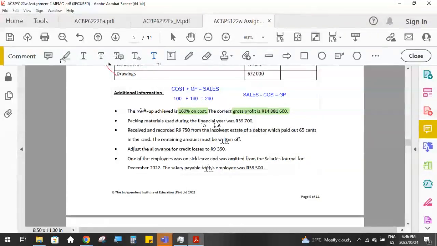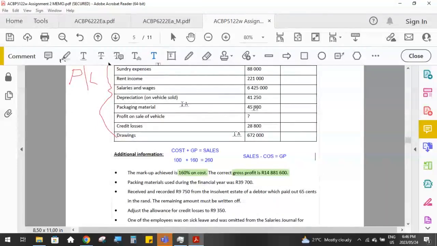Packing materials used during the financial year was 39,700. So that means the actual cost of the packing materials that we consumed was 39,700. If we go to packaging material, you'll see here that the total amount of packaging materials that we purchased was 45,800. So this acts almost like a prepaid type of situation. We can't expense all of that 45,800 to this particular year because we only used 39,700 of that 45,800. So we take 45,800 minus 39,700.